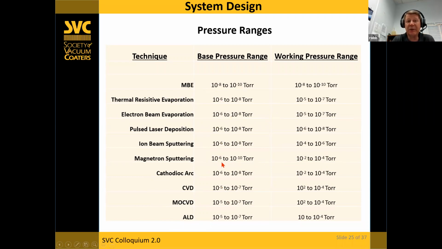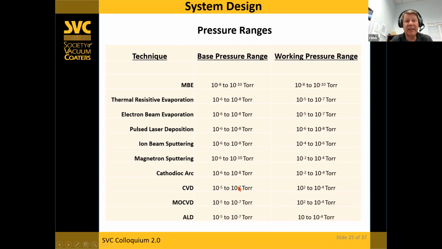So it's not practical to assume that I can put sputtering guns in a vacuum system and hook up an ALD section to this and run these at the same pressures. 1 torr to 10 to the minus 4 torr does not work really well with 10 to the minus 2 torr to 10 to the minus 4 torr.